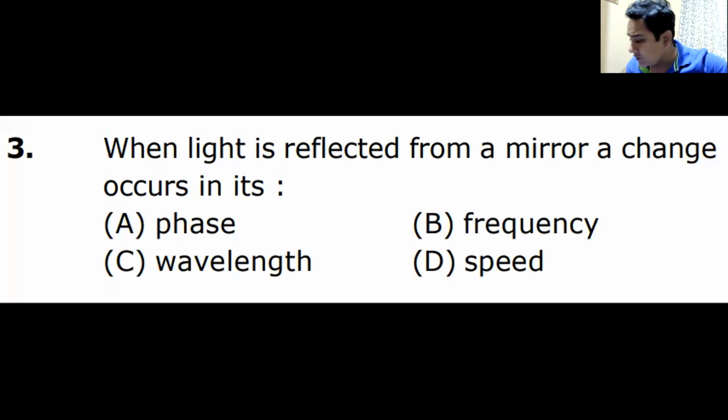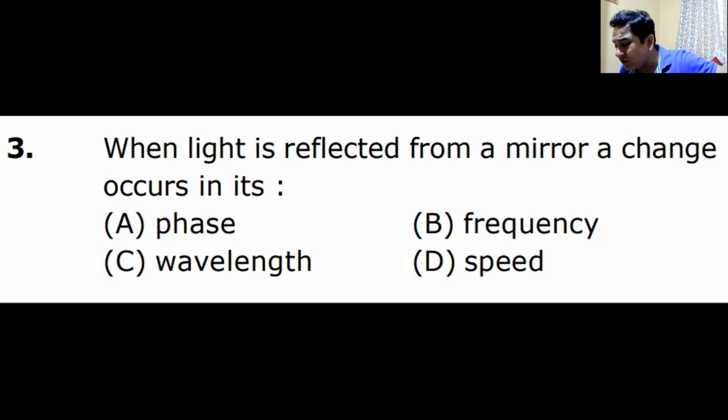Here we go with some questions. This is the first one. Let's see who gives me the answer. When light is reflected from a mirror, a change will occur in which quantity? Phase, frequency, wavelength, speed. We discussed this yesterday. Can you give me the answer today? What will change when the light is reflected from a mirror?